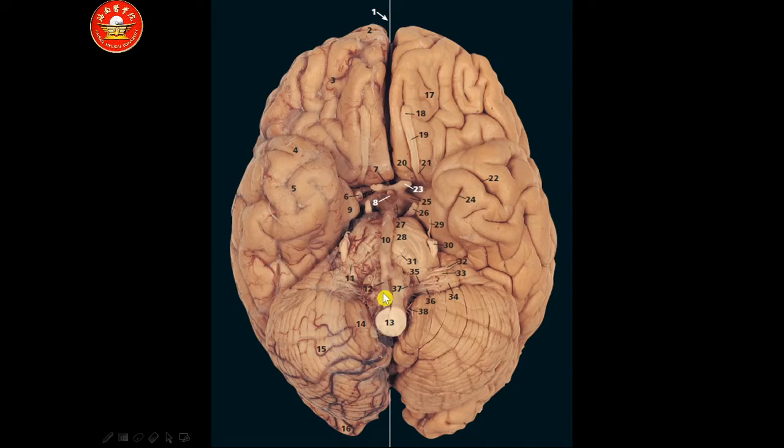Number 12, the right vertebral artery. You should see the left side, right. Number 13 is the medulla oblongata. Number 14 here, the tonsil of the cerebellum.